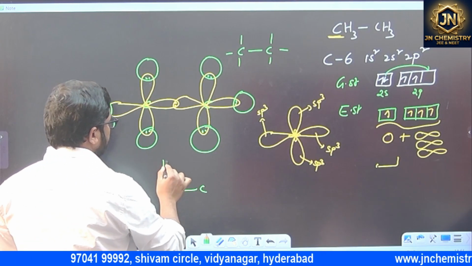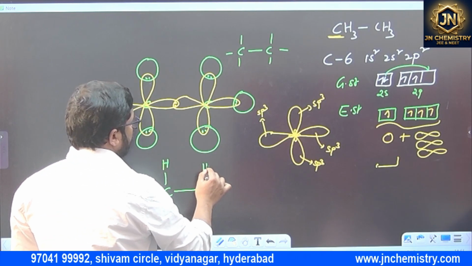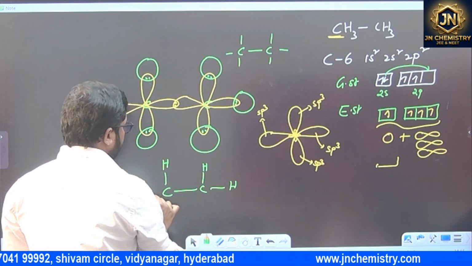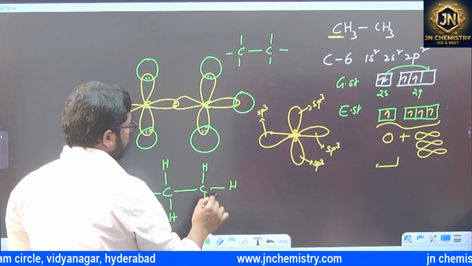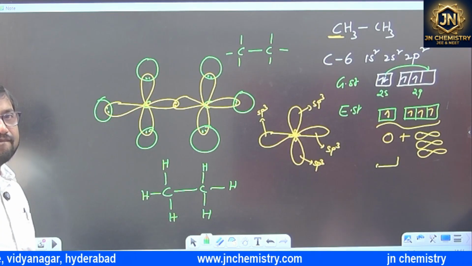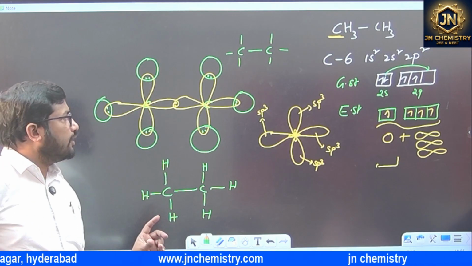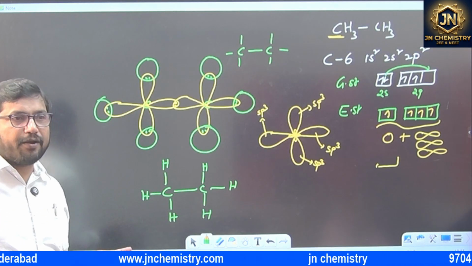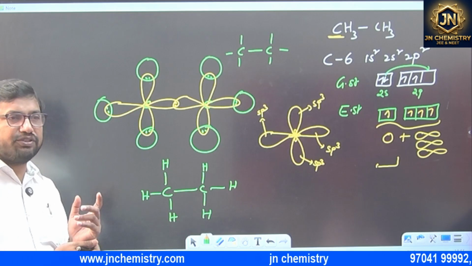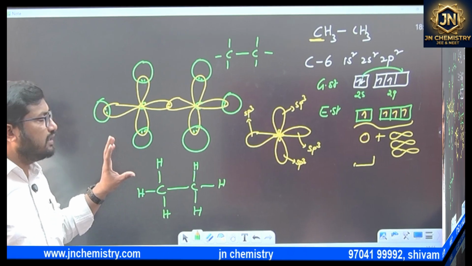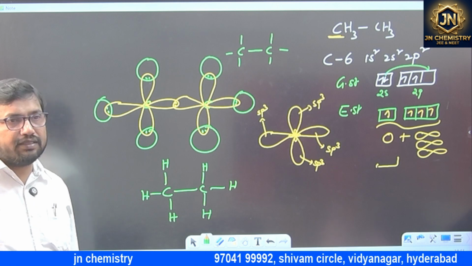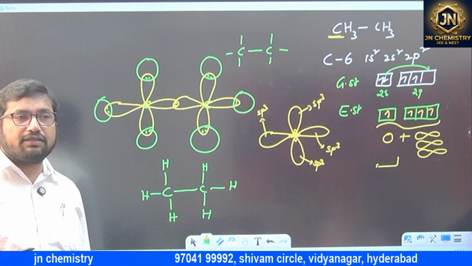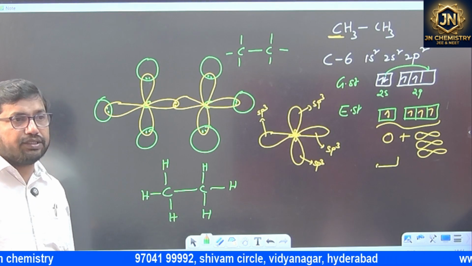Sometimes they'll ask simple questions. In ethane, how many pure orbitals and how many hybrid orbitals are present? The ratio of pure orbitals to hybrid orbitals in ethane, they'll ask the question. So it's easy, right? What are pure orbitals? The orbitals which are not participating in hybridization.